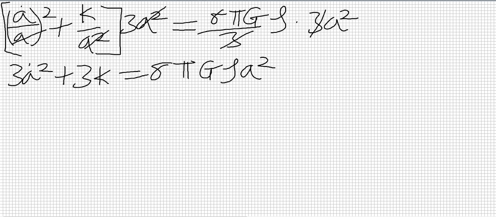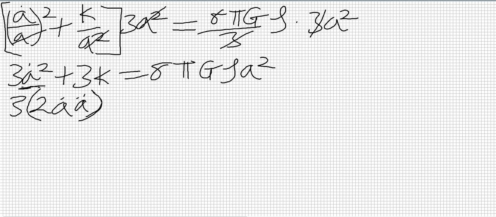The next step is to differentiate both sides of this equation with respect to t. Take note that the differentiation will be an implicit one. So doing it, we get 3 into, a dot is generally a function of t, so differentiating this term implicitly, we get 2 a dot a double dot. And 3k is a constant, so differentiating it will be 0.